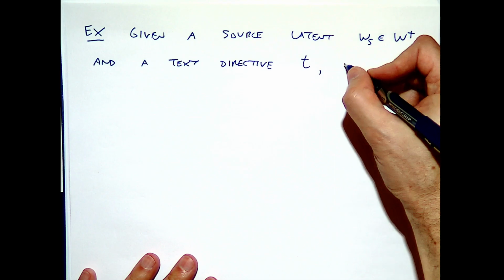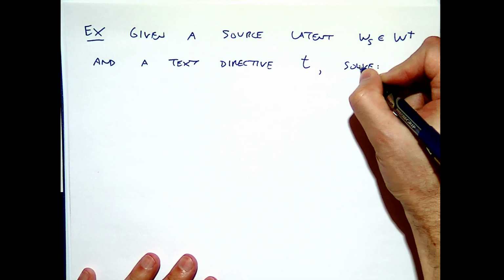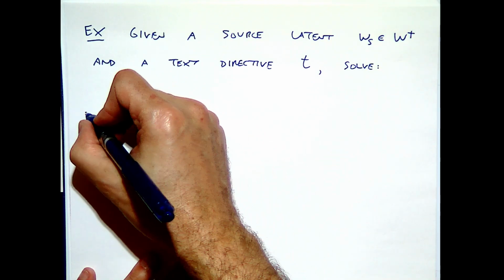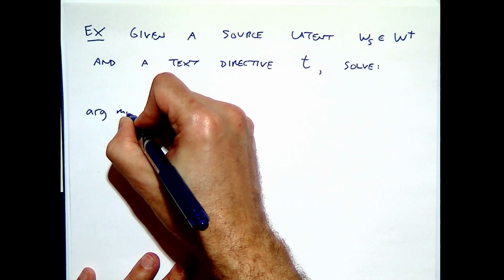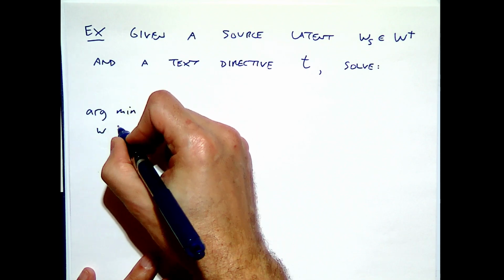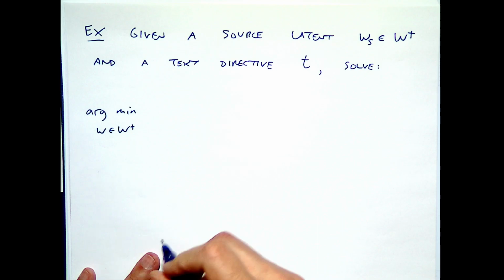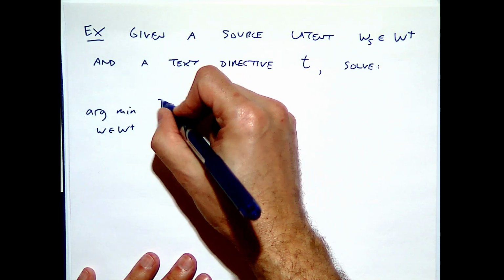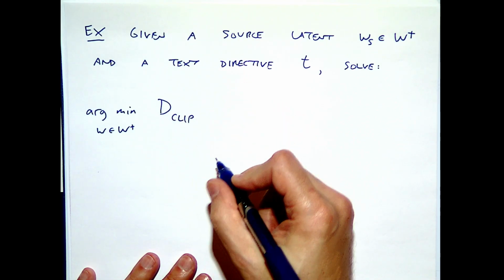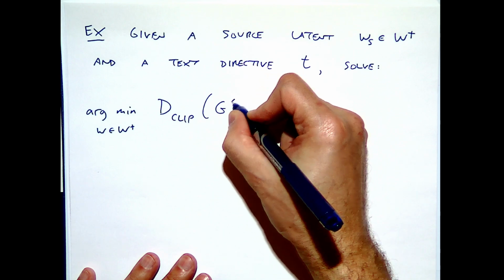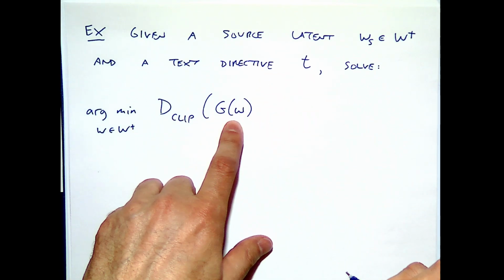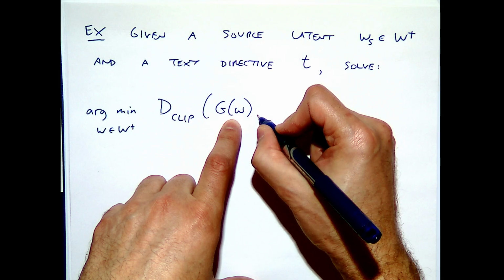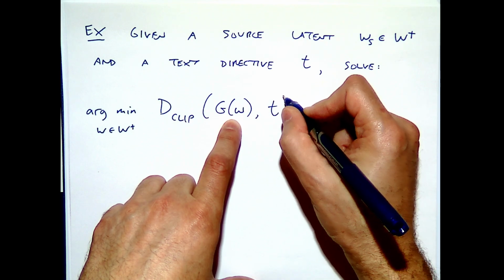Then what I do is I solve this problem. I want to find another vector in the W space such that I look at the distance between the CLIP vectors of the generated image that I get if I put in W, and the text, right?